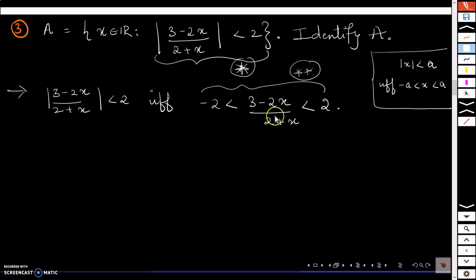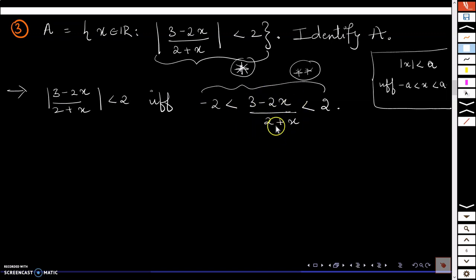Now I have to clear the denominator 2 plus x. So if I multiply 2 plus x throughout, the denominator will disappear. One thing from here, it's clear that x cannot be equal to minus 2, because if x is minus 2, then the denominator will become 0, which won't be defined. So this number itself won't be defined.